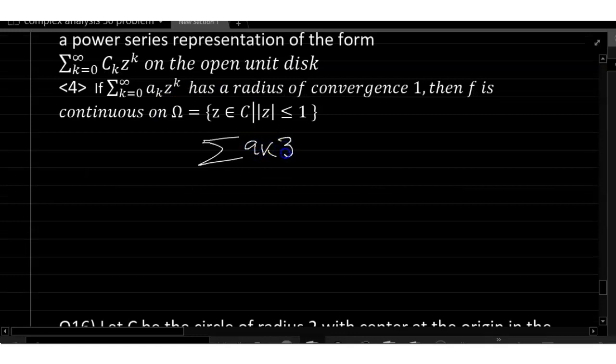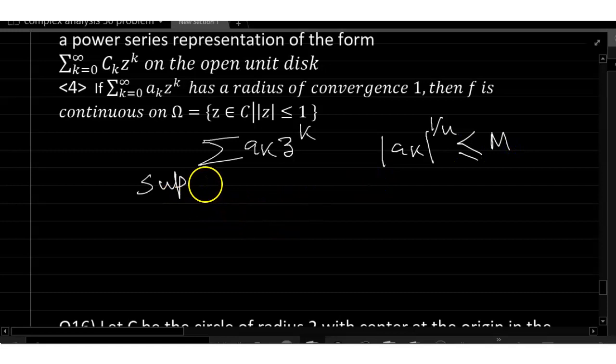Summation ak z to the power k, and mod of ak whole to the power 1 by n is less than or equal to capital A. Supremum, limit n tends to infinity, mod of ak whole to the power 1 by n is less than or equal to 1.